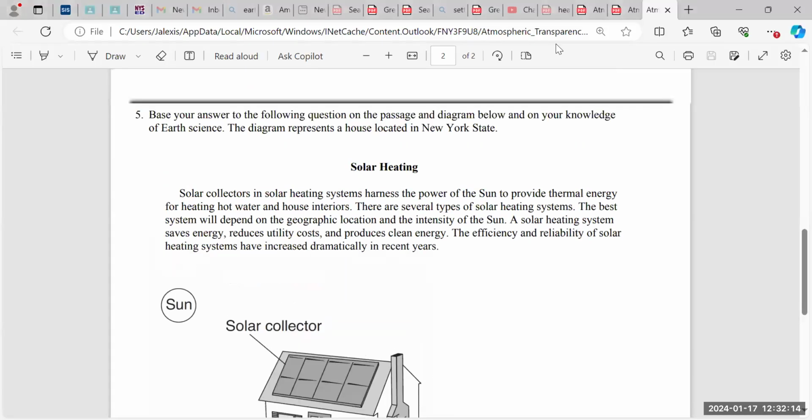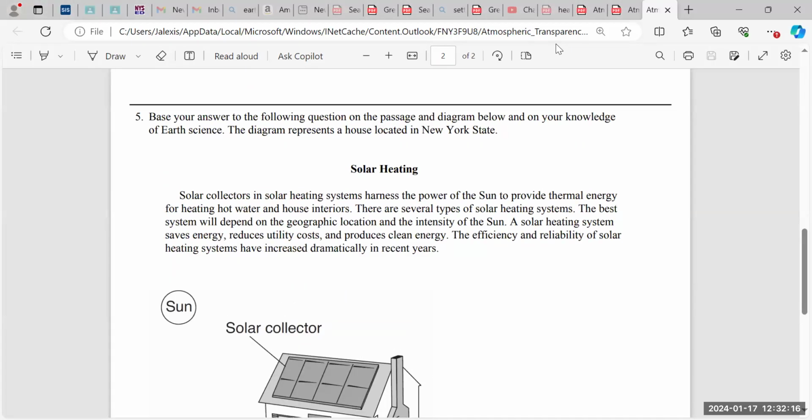All right, so number 5, it says, base your answer to the following questions on the passage and diagram below and or your knowledge of earth science. The diagram represents a house located in New York State. All right. And so the reading talks about the solar heating. So it says solar collectors in solar heating systems harness the power of the sun to provide thermal energy for heating hot water and house interiors.